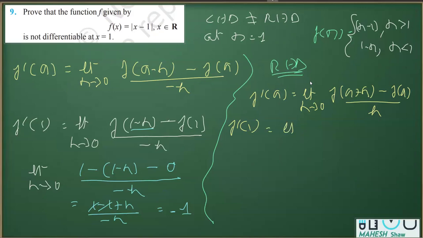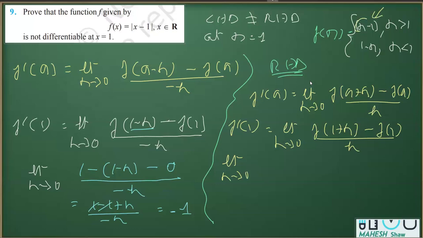So it should be limit h tends to 0, [f(1 + h) - f(1)] / h. Since it is the right-hand derivative, I'm going to replace this x with 1 + h.